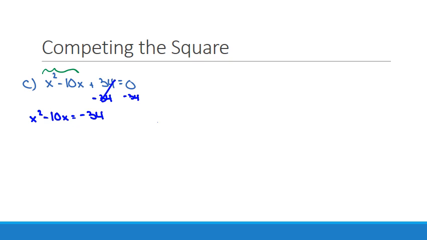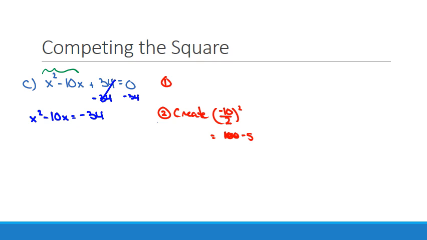All right, so again, I isolated first. That was my step 1. Now I'm going to look at step 2, which means I'm going to create that trinomial square. To create that trinomial square, I take my b value, 10, divide it by 2, and square it. Oh, sorry, I'm squaring for some reason.